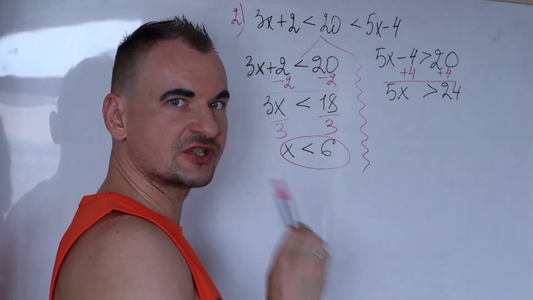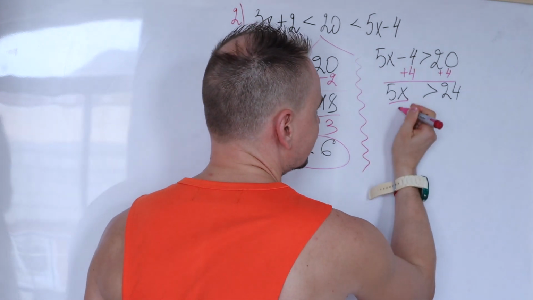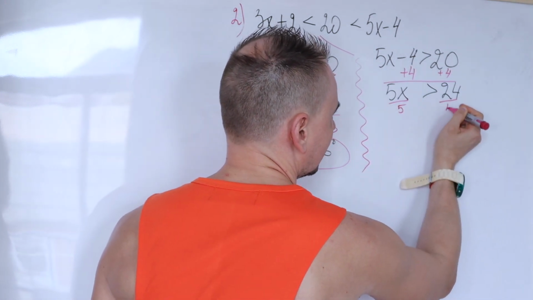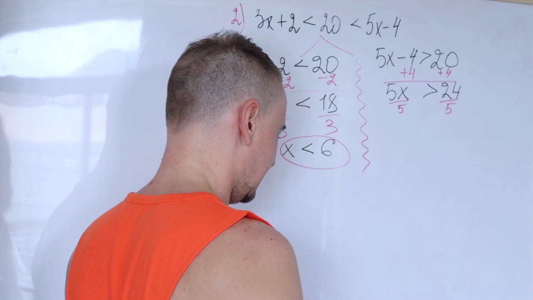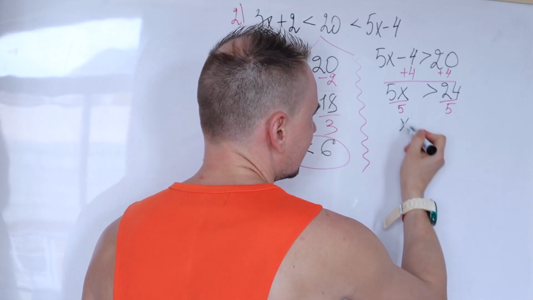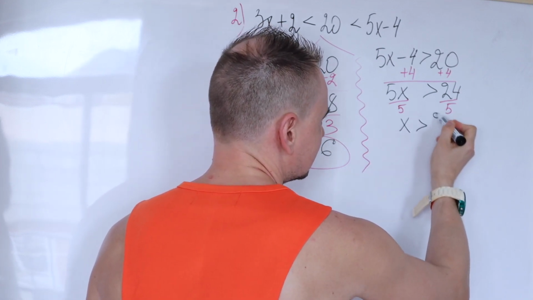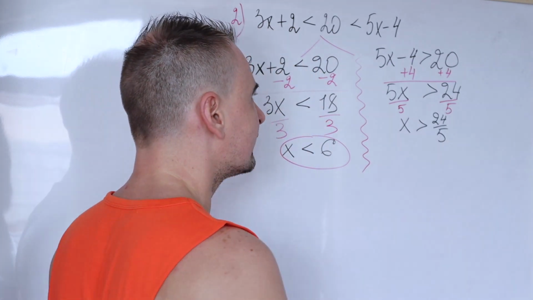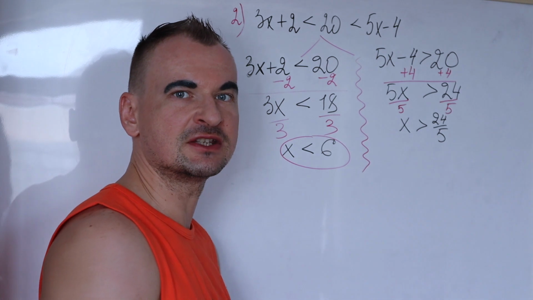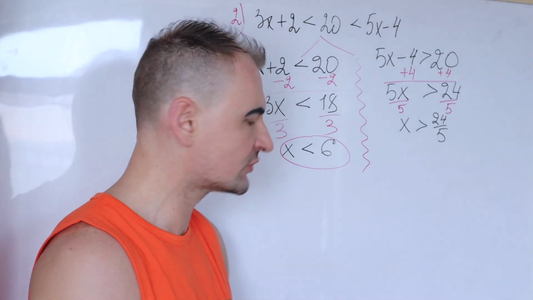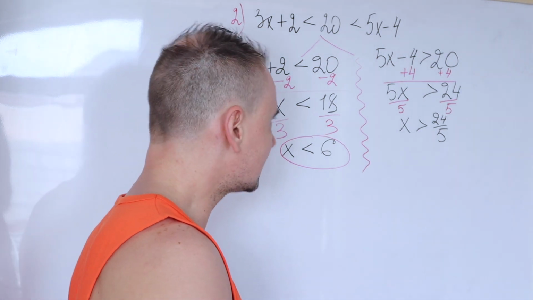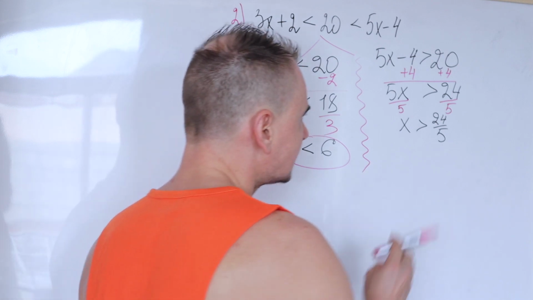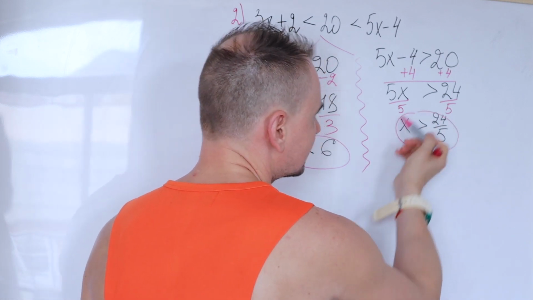And all you need to do is divide by 5 on both sides. You want to isolate x: x greater than 24 over 5. Since 5 does not fit into 24 a whole number of times, you would have this fraction, but it doesn't matter. It's still a number.